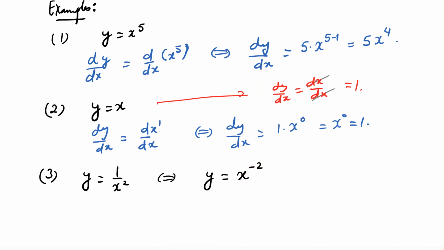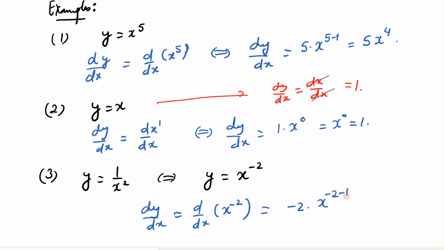Again, if you want to take the derivative on both sides, the derivative of x raised to power negative 2 would be equal to negative 2 x raised to power, decrease the power by 1, and we get negative 2 x raised to power minus 3, which indeed is negative 2 over x cubed. Always try to give your answer in terms of positive exponents in the end.